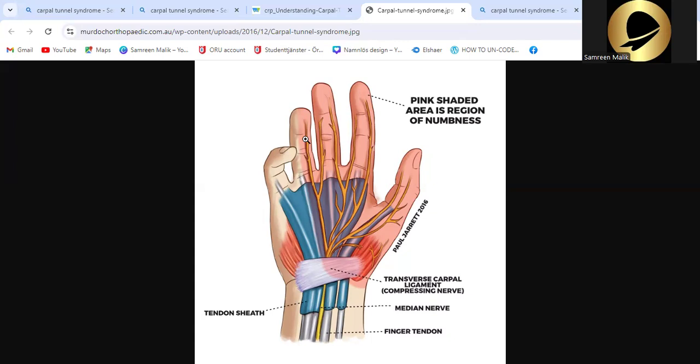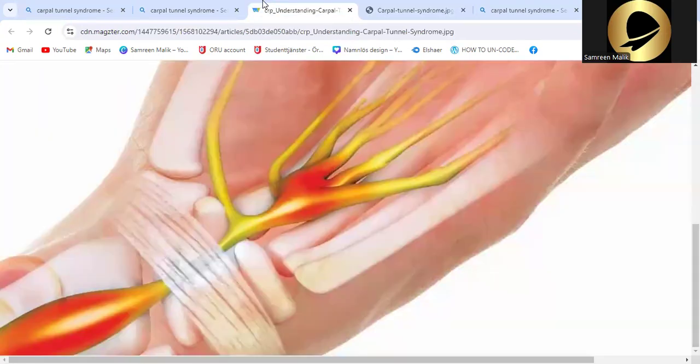And the cause is compression of the median nerve at the carpal tunnel. So this is the carpal tunnel below the flexor retinaculum.